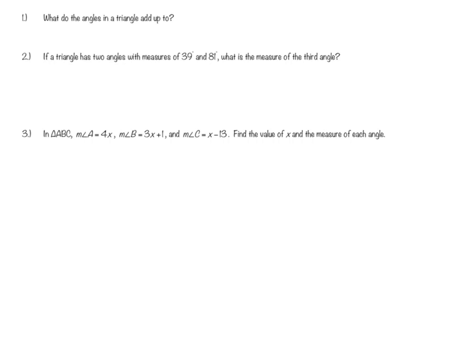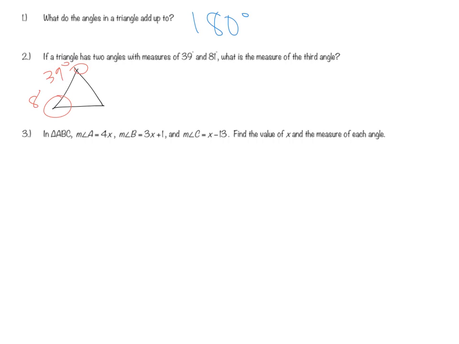What do the angles in a triangle add up to? All triangles add up to 180 degrees. If a triangle has two angles with measures 39 degrees and 81 degrees, what is the measure of the third angle? It might help you if you draw a picture. Let's say that one of them is 39 degrees, and I know this isn't drawn to scale.